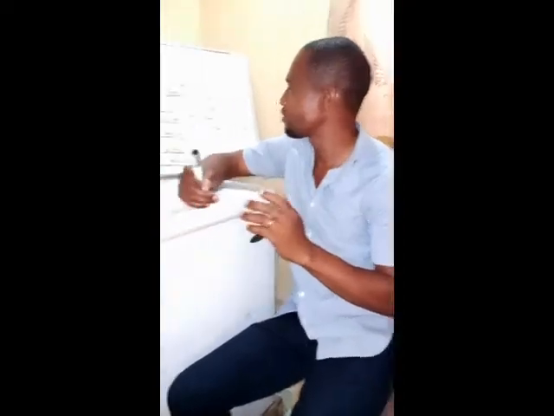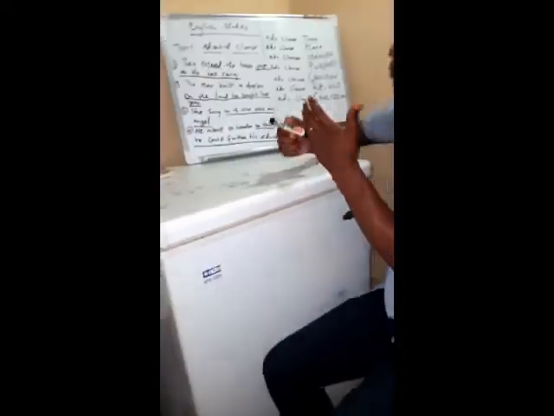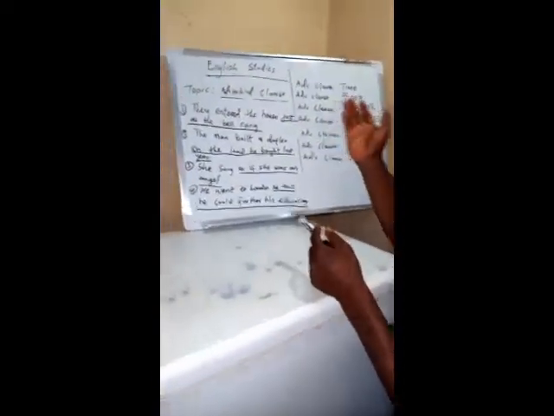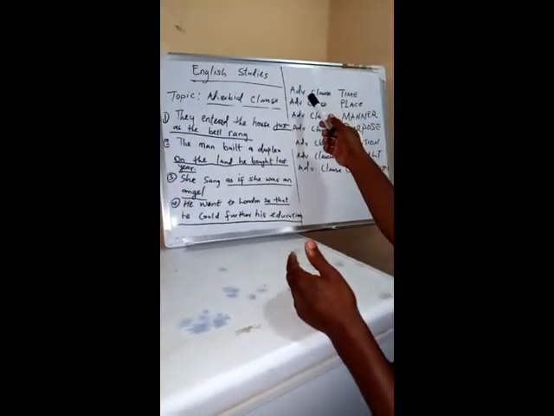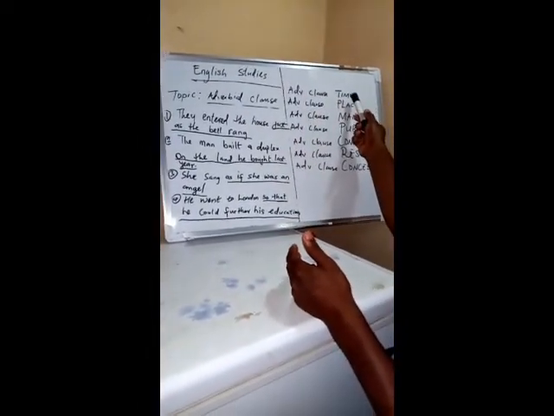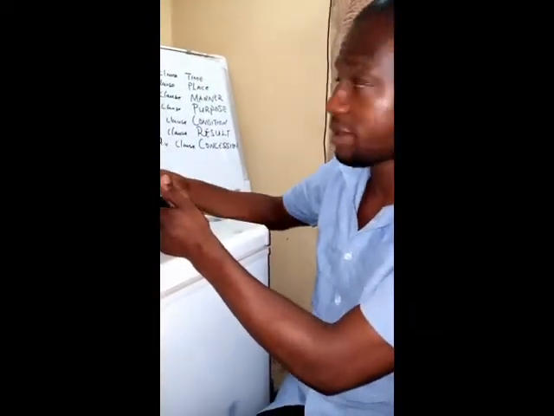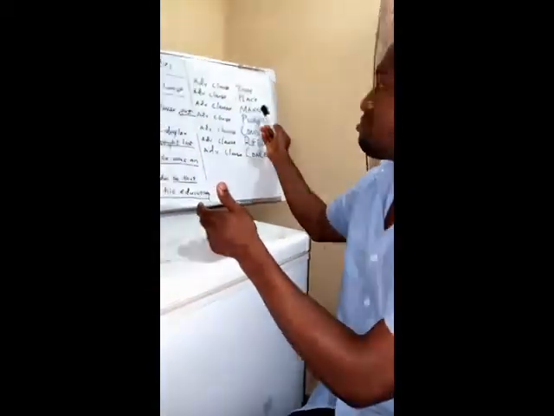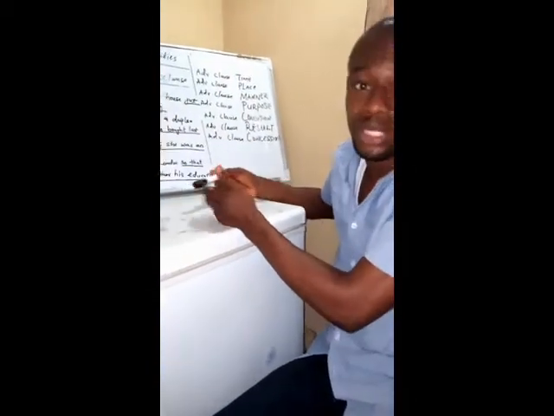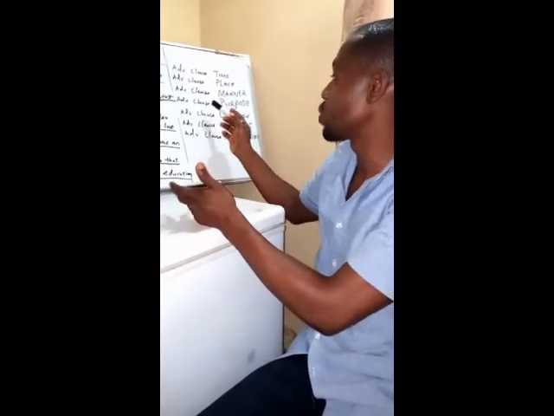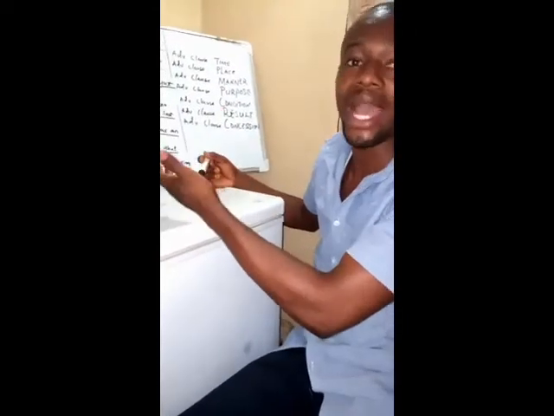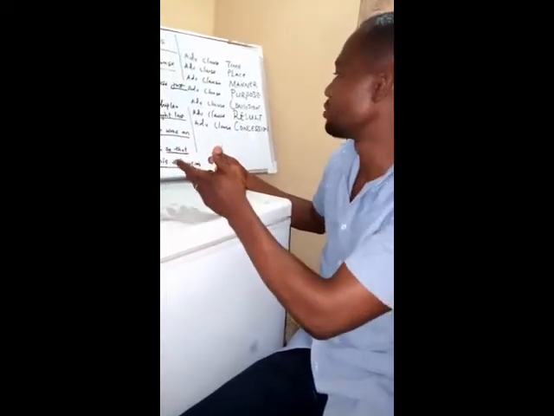Now we have types of adverbial clause. If you come with me here, you see what we have. We have the adverbial clause of time, which tells us about the time of the action. We have the adverbial clause of place, which gives us information about the place of the action. We have the adverbial clause of manner, which tells us how the action took place. We have the adverbial clause of purpose, which tells us why. Why did that particular action take place?